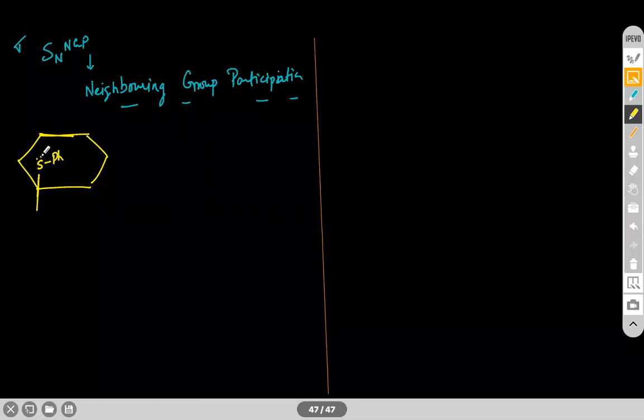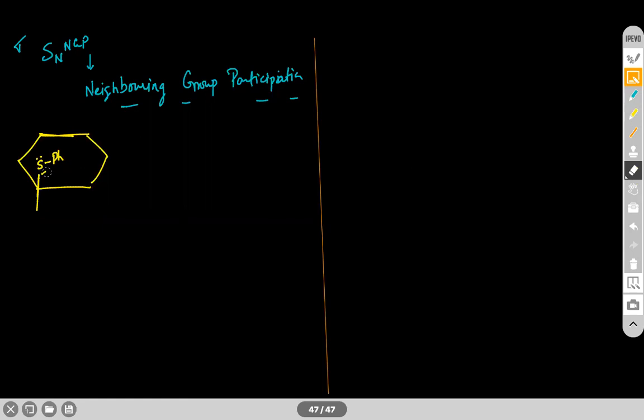It is present here. Sulfur is similar to phenoxide ion, OPh. Instead of O, we have sulfur present here. This is the hydrogen, okay? And here we have one hydrogen and chlorine present. So what happens here? This is a nucleophile. Like in the earlier one, we have OH as the nucleophile.